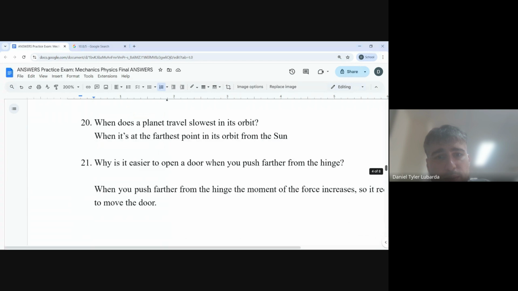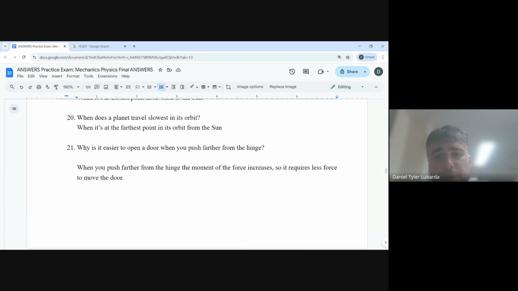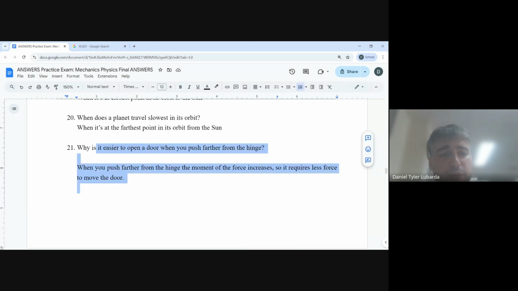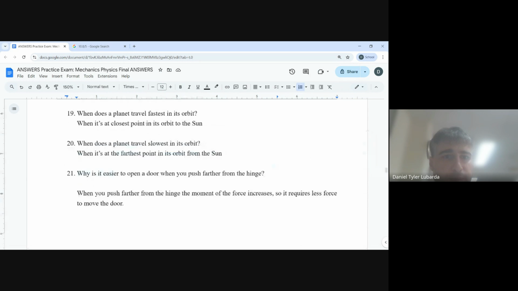Moments are pretty easy, so make sure you don't mess anything up there. That should be free points for everything to do with moments. It's just distance from the pivot times the force, and keep track of what's going clockwise and what's going counterclockwise.